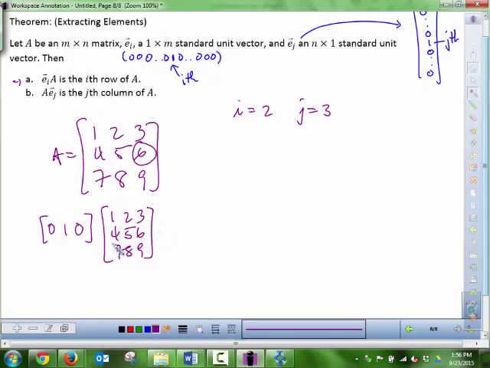So by doing this matrix multiplication, I should get the second row, right? So let's see how it actually works.